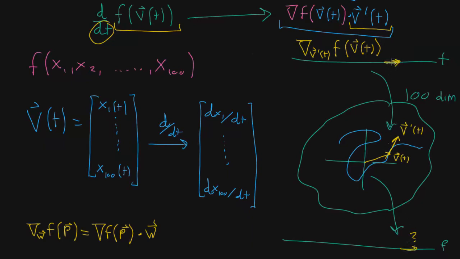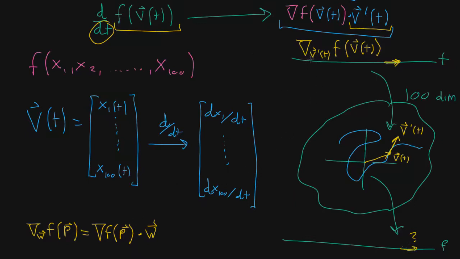Well, at a given point, that tiny nudge in t causes a change in the direction of v prime of t. That's kind of the whole meaning of this vector valued derivative. You change t by a little bit, and that's going to tell you how you move in the output space. But then you say, okay, so I've moved a little bit in this intermediary 100-dimensional space. How does that influence the output of f based on the behavior of just the multivariable function f? Well, that's what the directional derivative is asking.